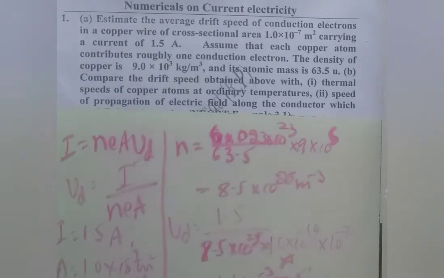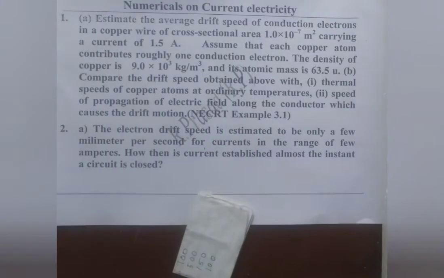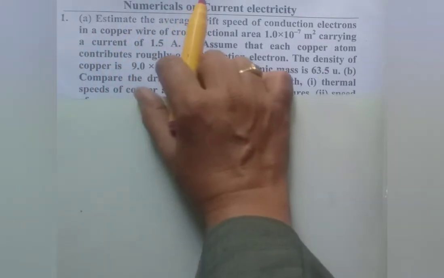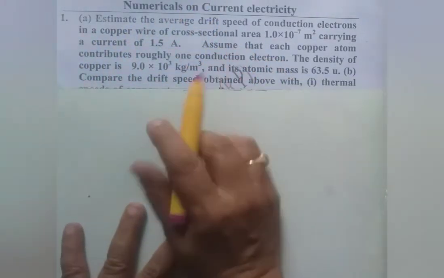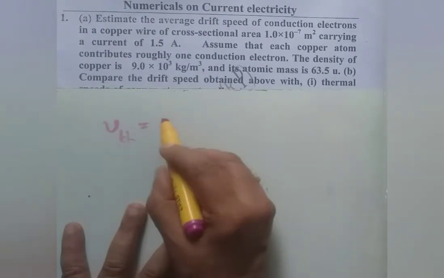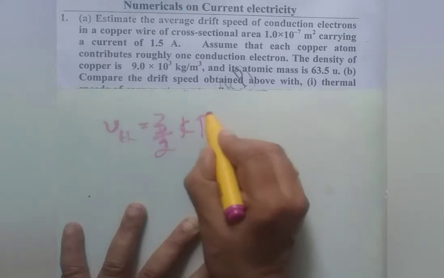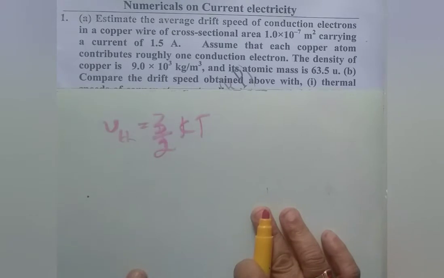We know thermal speeds are given by a formula involving 3/2 kT from first year kinetic theory of gas. We write thermal speeds given by 3/2 kT, where K is Boltzmann constant, T is temperature.